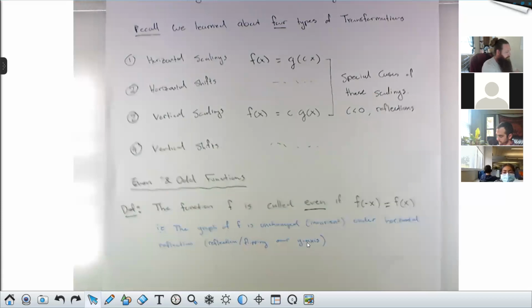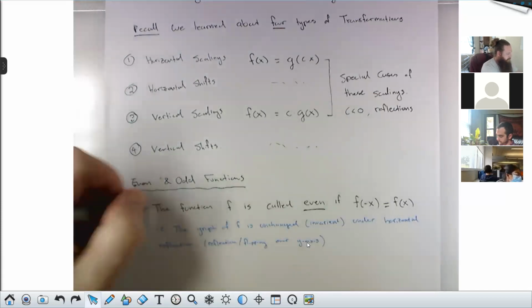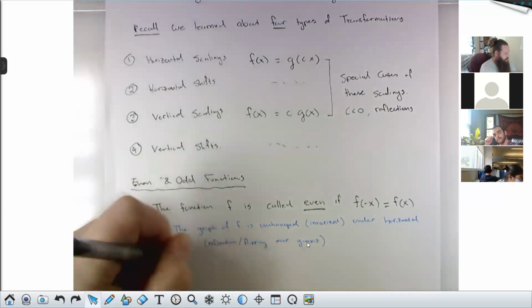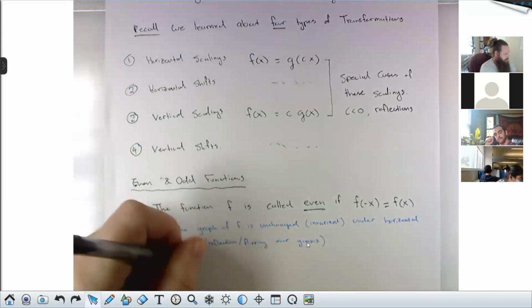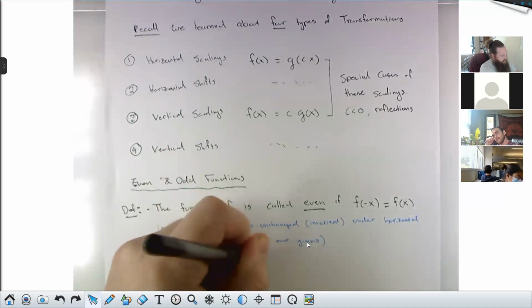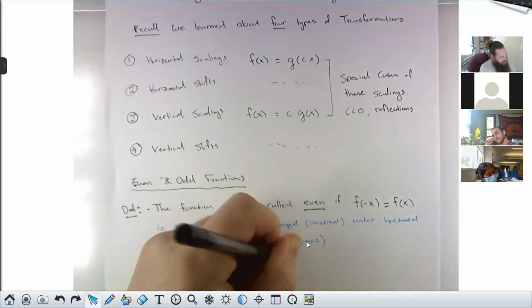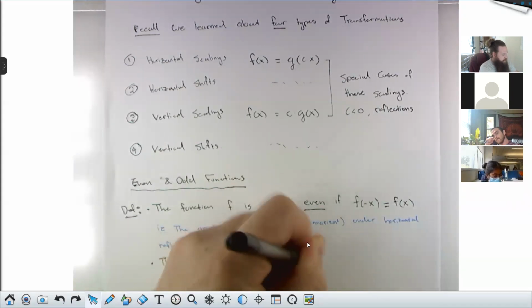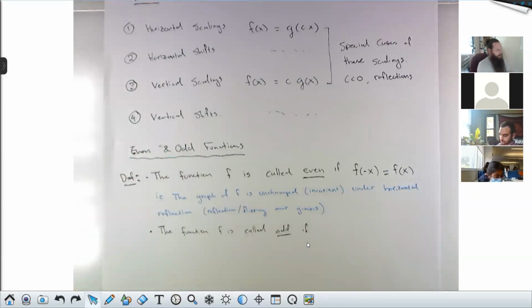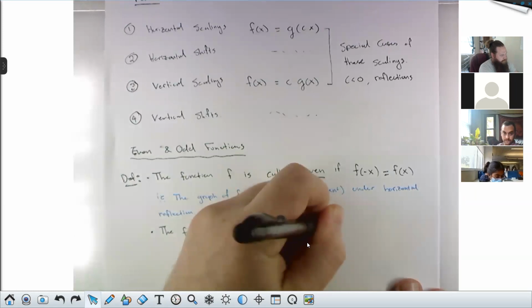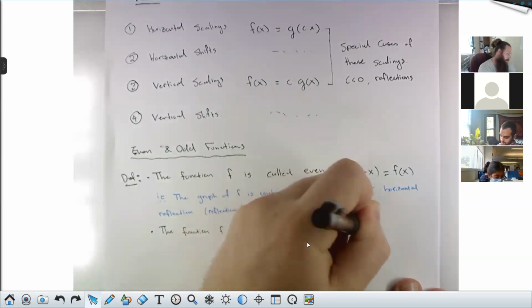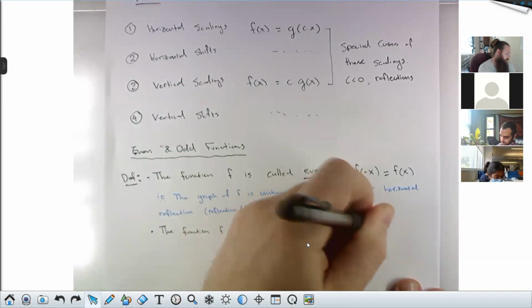So the function f is called odd if the algebra definition here is that f of -x is the same as negative f of x.